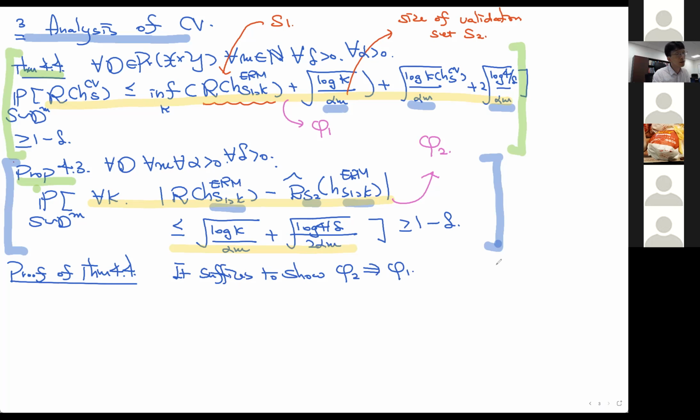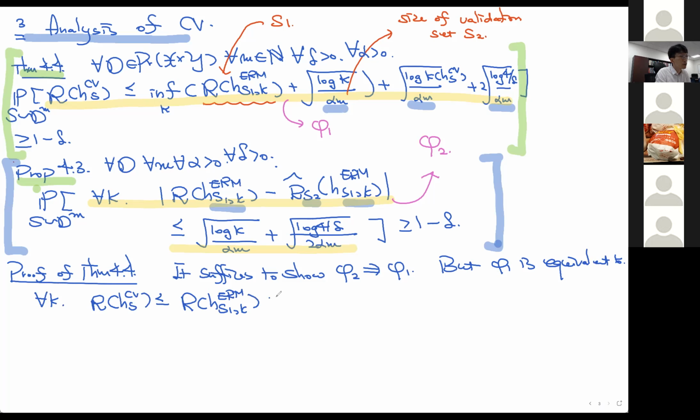But we can rewrite V1 as follows. V1 is equivalent to the following statement, which says for k, the risk of h_SCB is bounded above by the risk of h_S1,k ERM plus square root of log k alpha and so on.